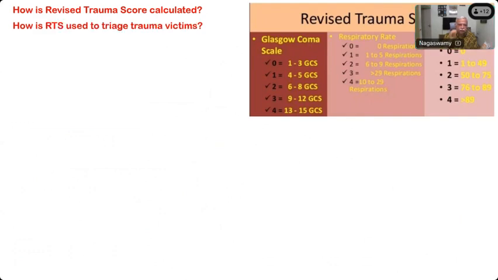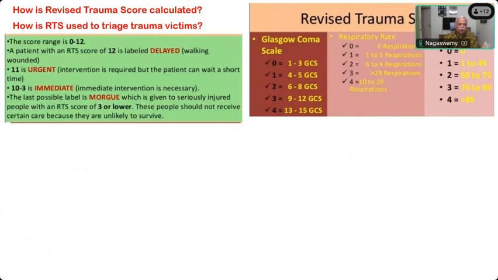So how is the score used to triage trauma victims? The score ranges from 0 to 12. The patient with a score of 12 is labeled as delayed or walking wounded patient.